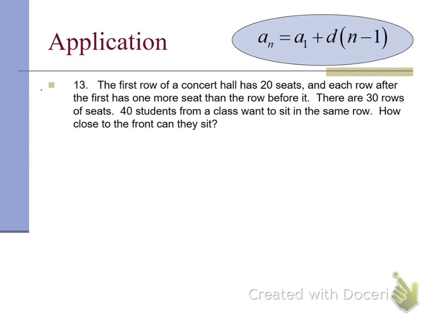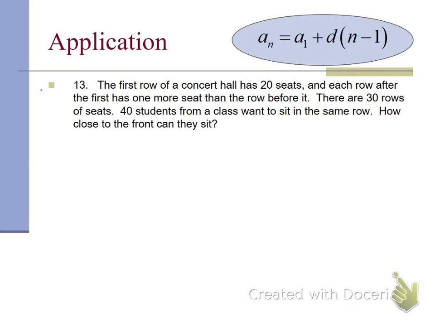The first row of a concert hall has 20 seats, and each row after that has one more seat. So we're increasing. We're going 21, 22, 23, so forth, right? There's 30 rows. 40 students from a class want to sit in the same row. How close to the front can they sit?